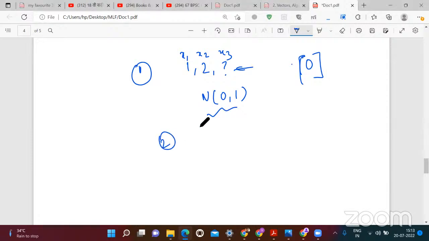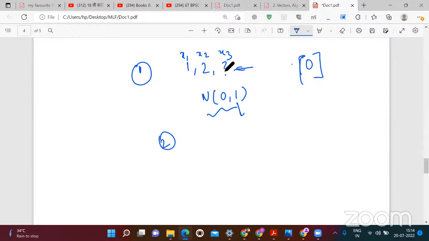And second, if you have been given all the data points and asked to calculate the mean, you can calculate that. So one thing should be given: either you have the parameter or the data set. If you are not given both, then it's pretty difficult to calculate.